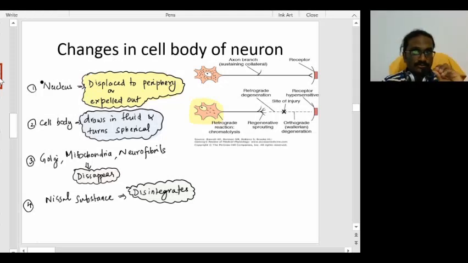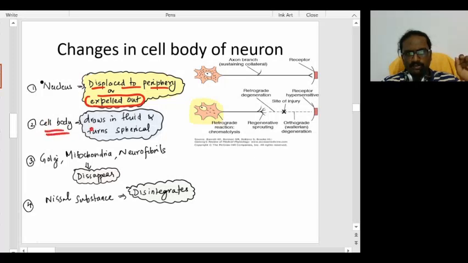Yes, that's very important that you understand this is a part of retrograde degeneration. So what happens in the nucleus? The nucleus moves, it is displaced to the periphery, and finally, sometimes you don't find the nucleus, it is expelled out. It's just gone out, it's gone forever.